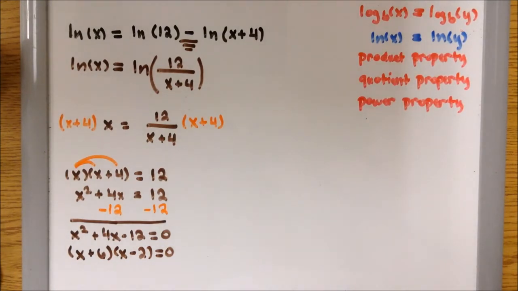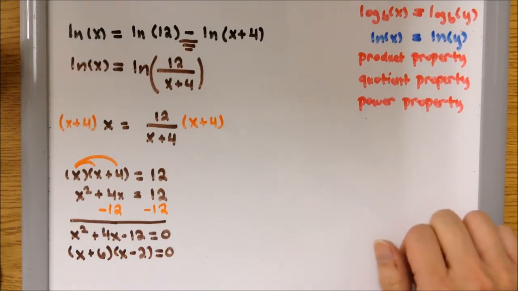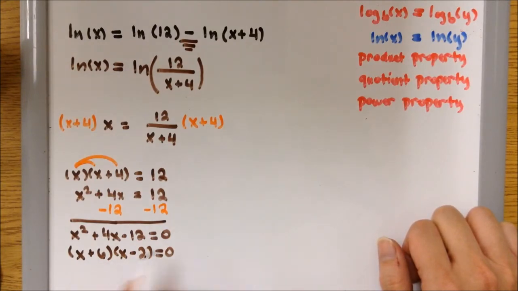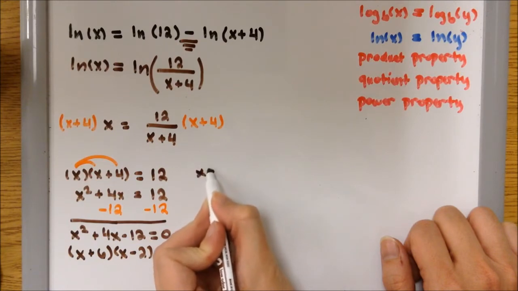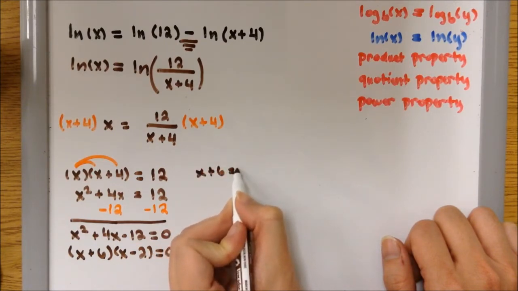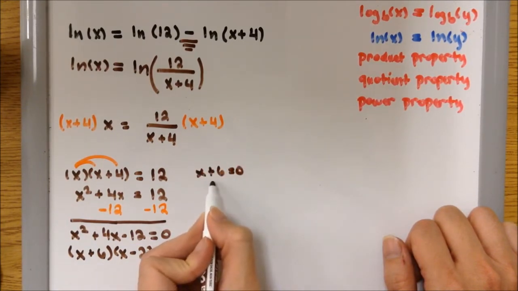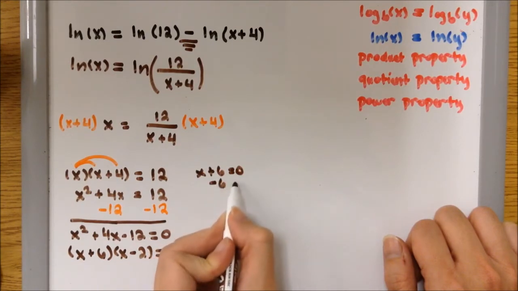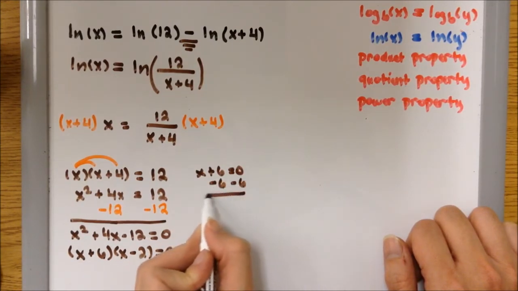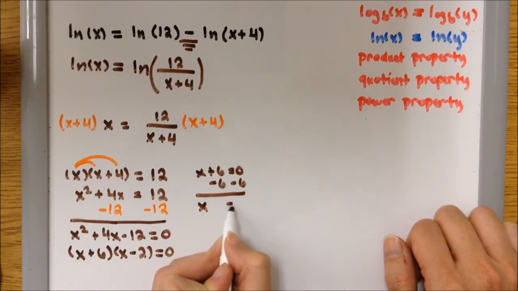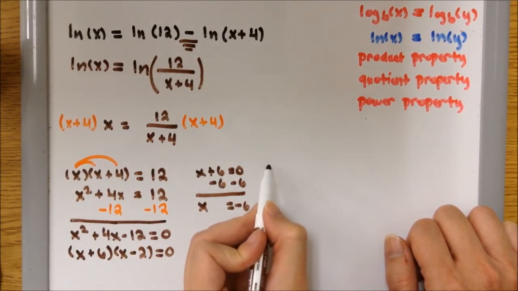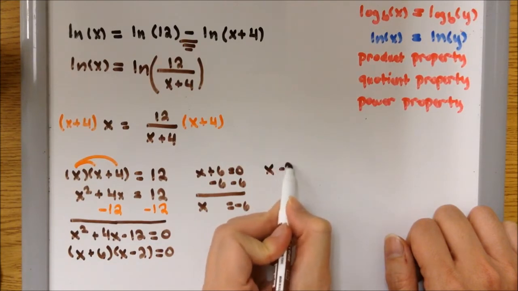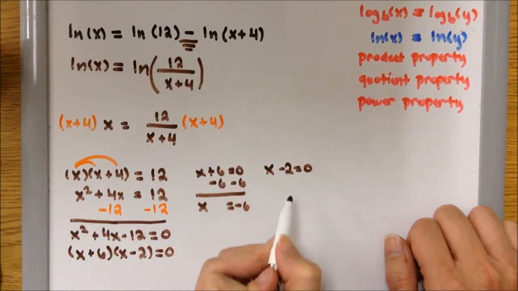So if I were to do the work, I set each factor equal to 0. So the first one is x plus 6 equal to 0. Solve for it, so minus 6, minus 6. So x equals negative 6. And then our second one, x minus 2 equal to 0.